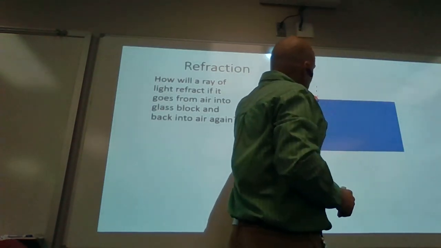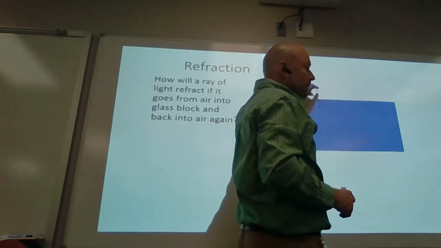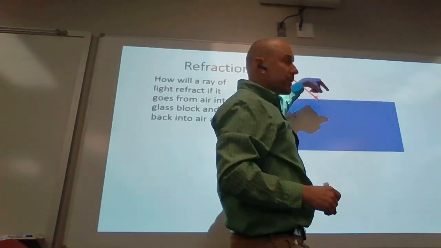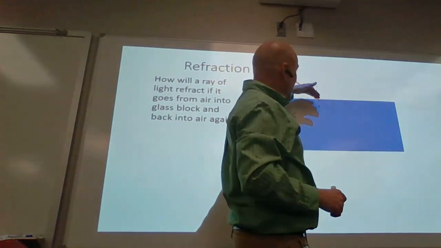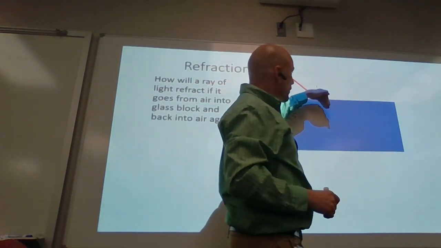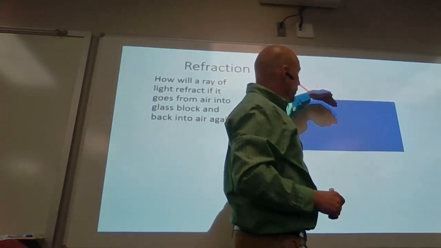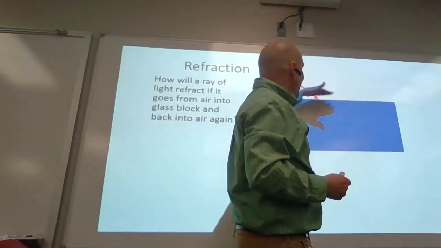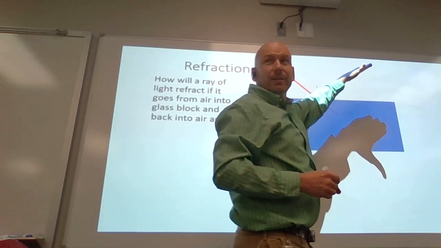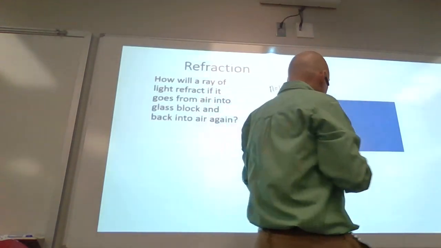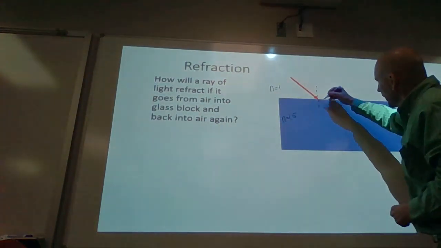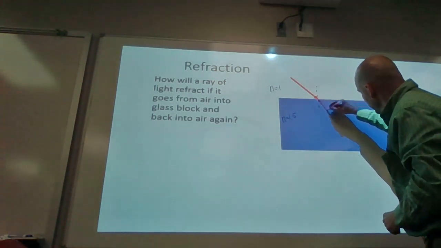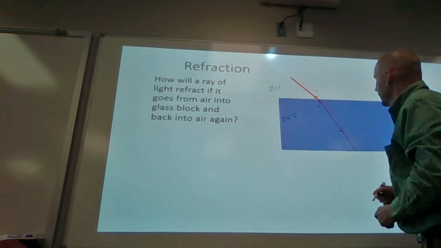I don't care about the line above the surface, I care about the normal line in the glass. Towards the normal line is like this, away from the normal line is like that. Not this, that's a reflection that bounces off. It's refracting towards the normal line.